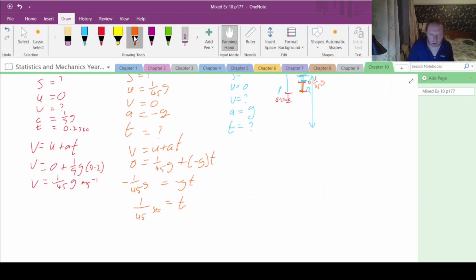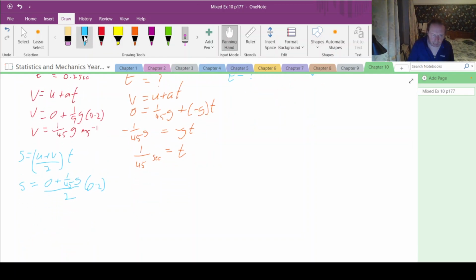So if we just do very quickly on here, s equals u plus v over 2 times time. s is equal to 0 plus, we found it, 1/45 g over 2 times by the time of 0.2. Okay, and so that gives me an s of, so 45 divided by 2 is 1 over 90.